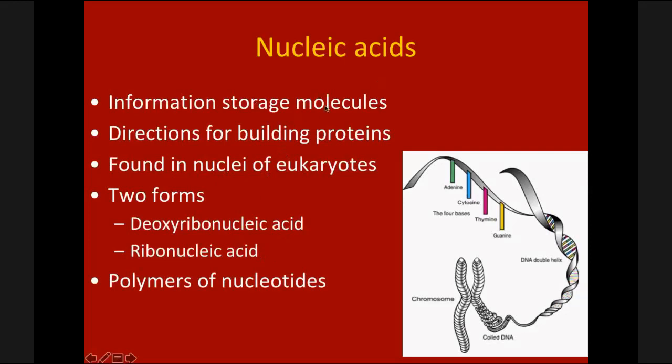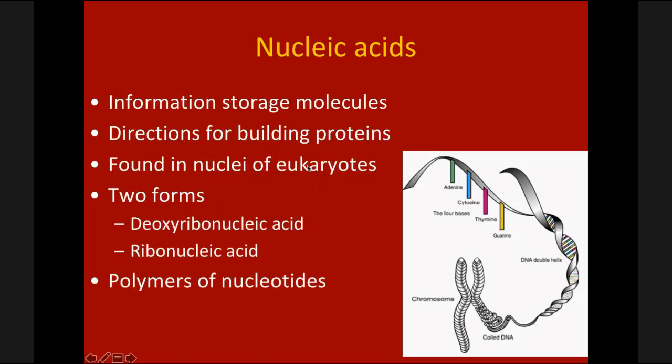Their primary job is to store and implement information, so they're considered information storage molecules. Your DNA is going to have instructions for building proteins, the amino acid sequence. It's going to have instructions for how to regulate the activities of your cells. It's got all kinds of instructions built into it that help to keep you alive, sometimes called the blueprint for life.